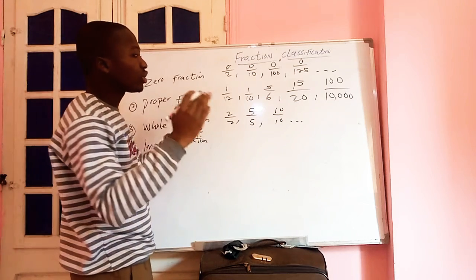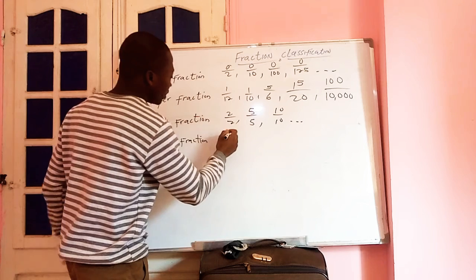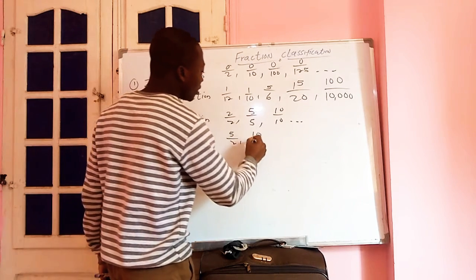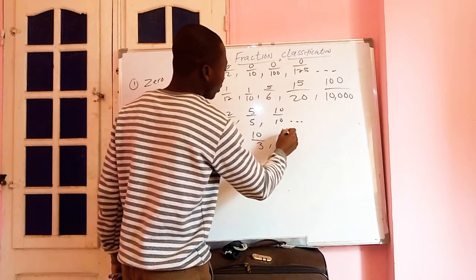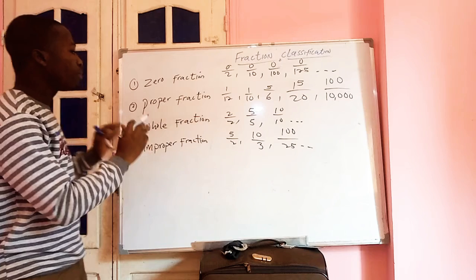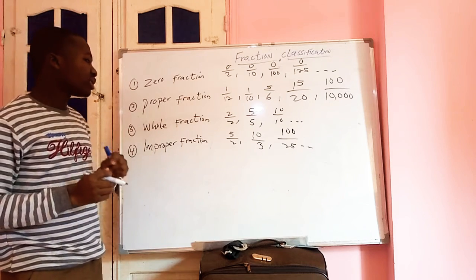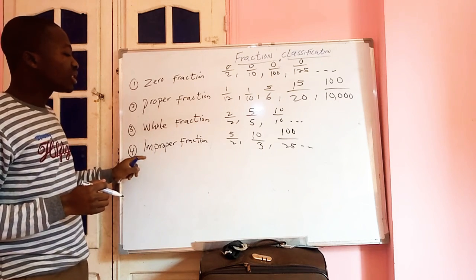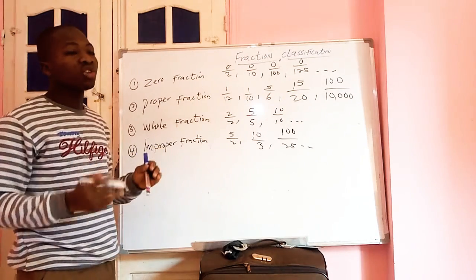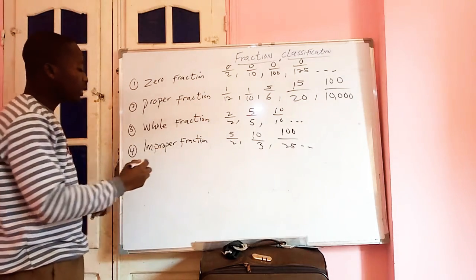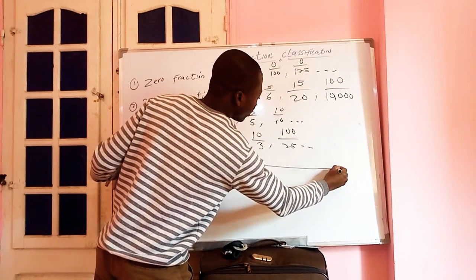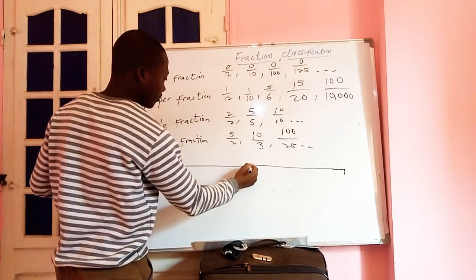It's when we have the top number bigger than the bottom number, like 5 over 2 or 10 over 3 or 100 over 25, etc. These are the four main classifications of fraction. And the improper fraction can be changed into a mixed number. Firstly, let's look at all these classifications of fraction on the number line.